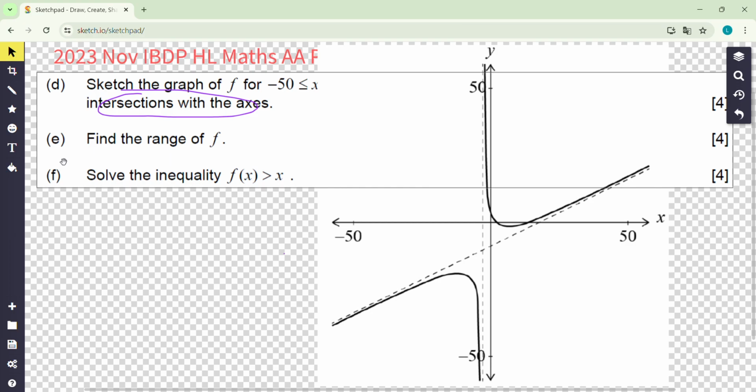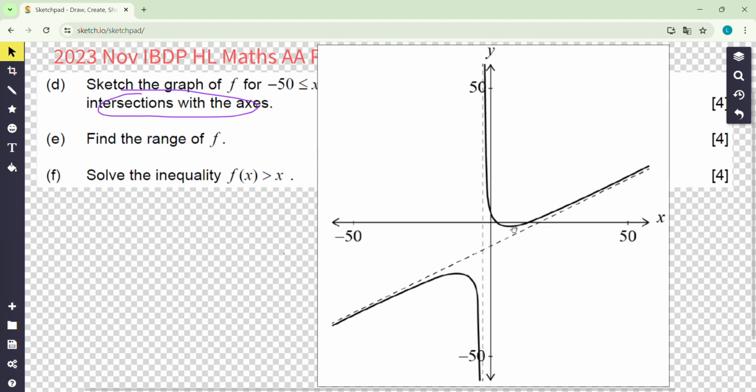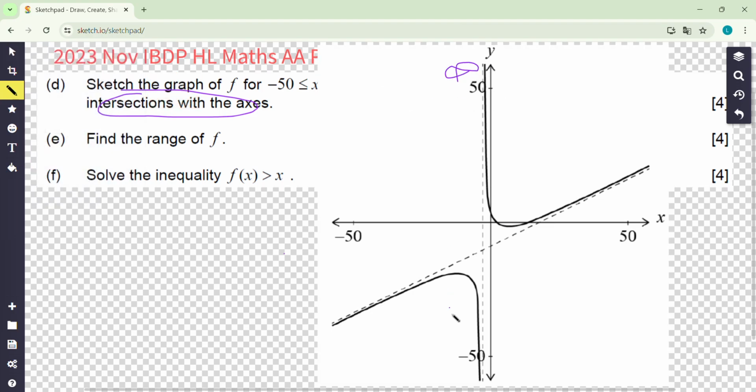Part E, use the calculator again to find the range of f. You see, f can go to infinity and negative infinity, right? But it has a local maximum here and a local minimum here, and you have to use the calculator to find these two values.